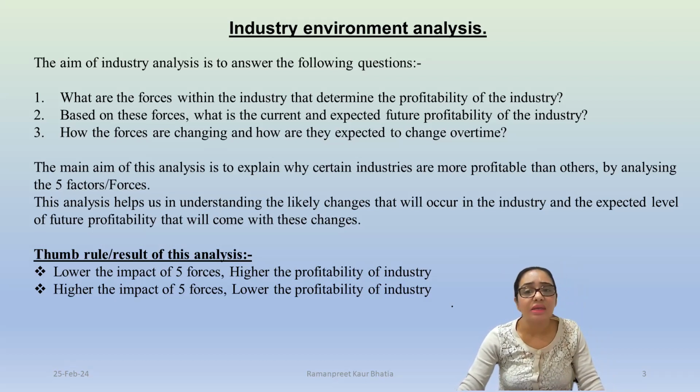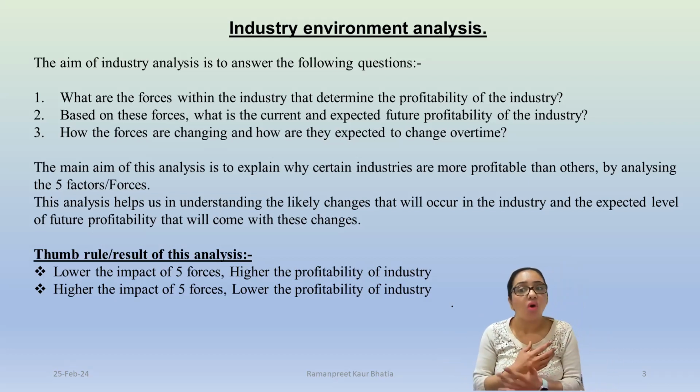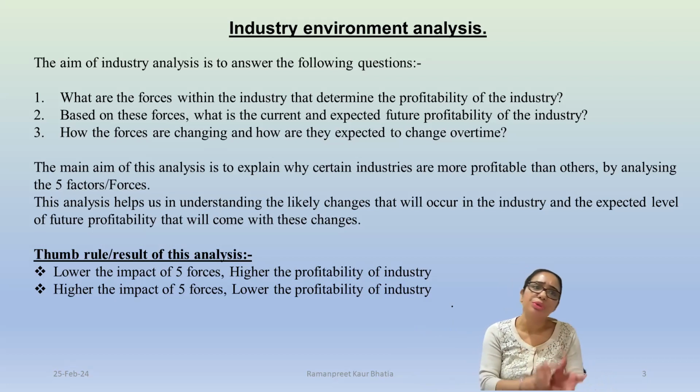For example, an industry may have many competitors, so there is low profitability. But when the competitors are merging or leaving the industry, it is likely to become much more profitable in the medium term. Here we are not talking about the long term, we are talking about the medium term.